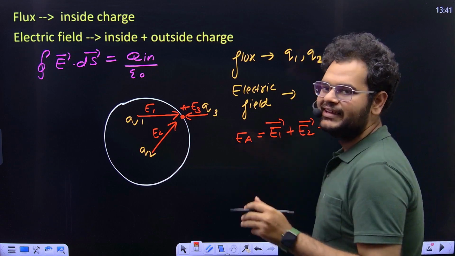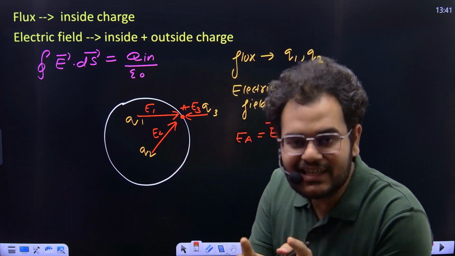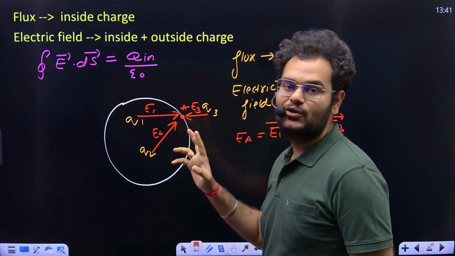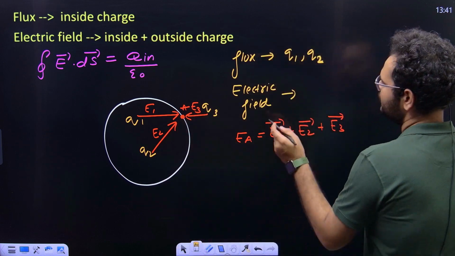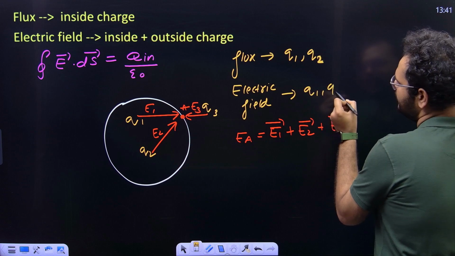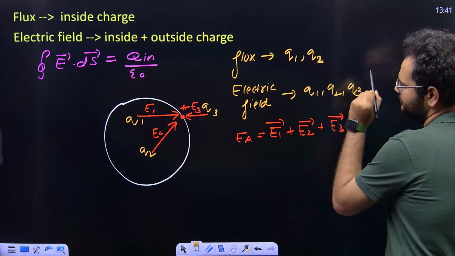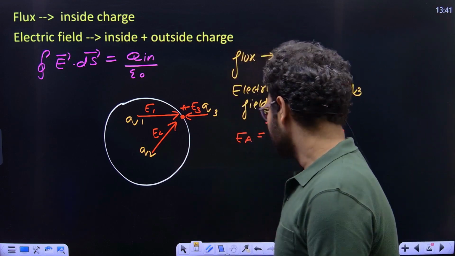Are you getting it? Electric field is due to all charges, whether inside or outside, but flux is due to only what? Charge within. So electric field is due to Q1, Q2, Q3. Perfect? Yes sir, perfect.